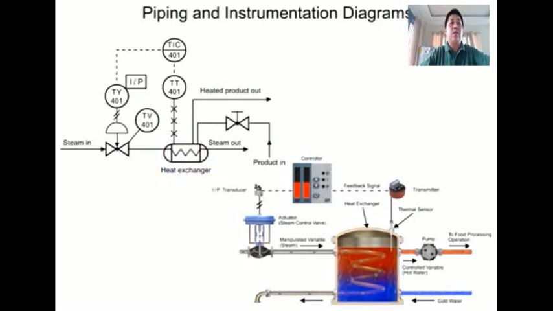So we are now running what we call the heat exchanger, and we also familiarize here in the diagram. So as you can see, this is what we call the IP transducer, which is connected to your actuator, which is the steam control valve.